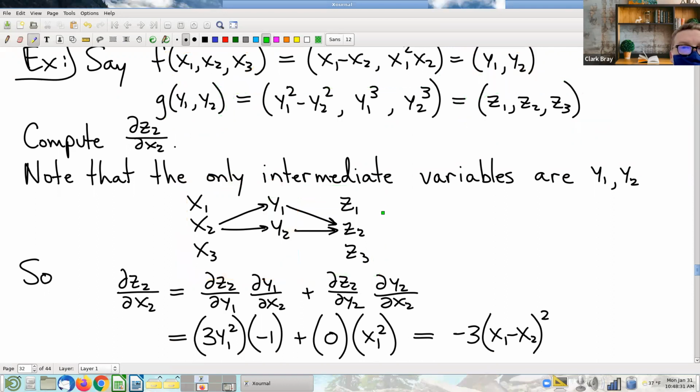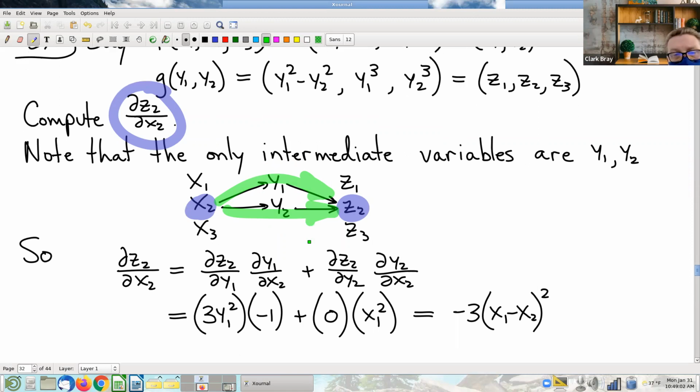And with that noted, I see that I've been asked again for a partial of, let's see, I'll do it like this, partial of z2 with respect to x2. Well, there's z2, there's x2. I can immediately see from this picture what my intermediate variables are. My intermediate variables are y1 and y2. There are two paths along which changes can propagate from x2 to z2.